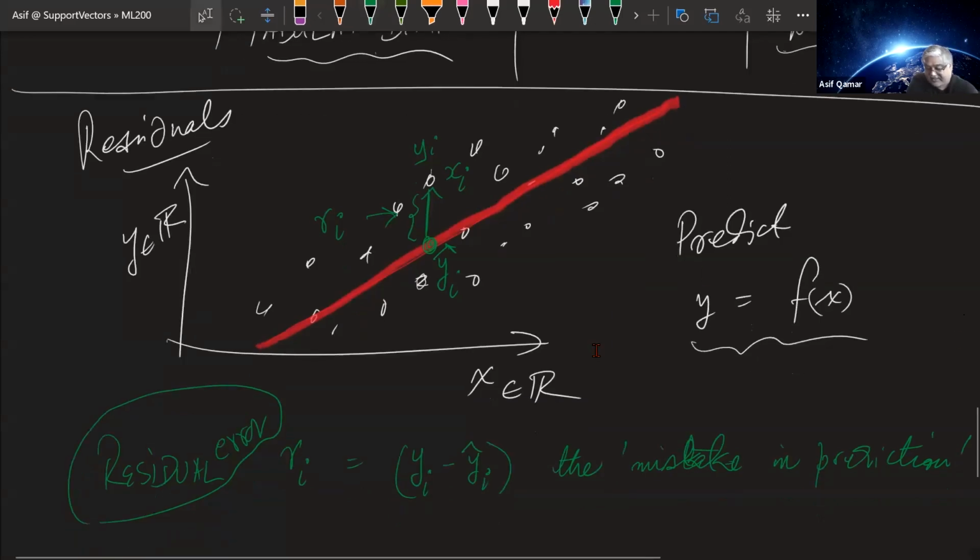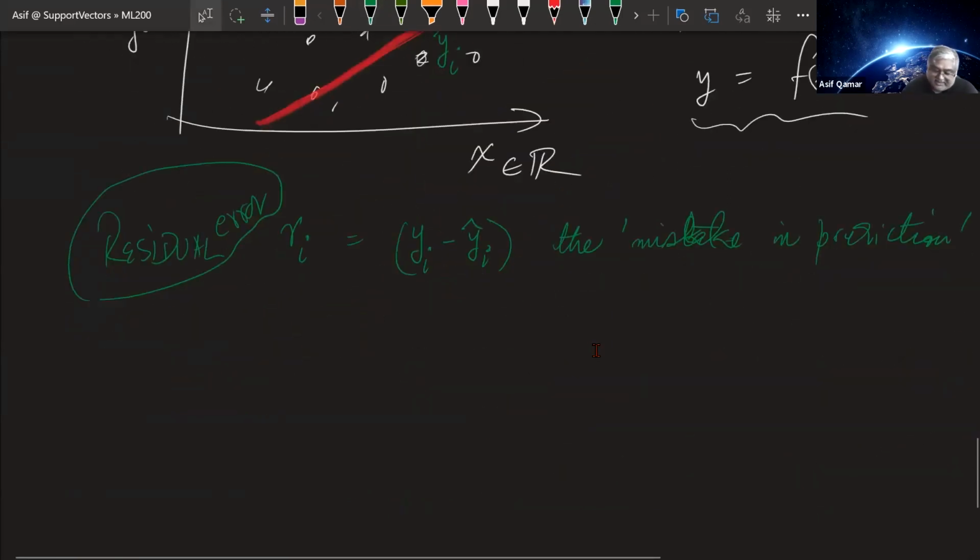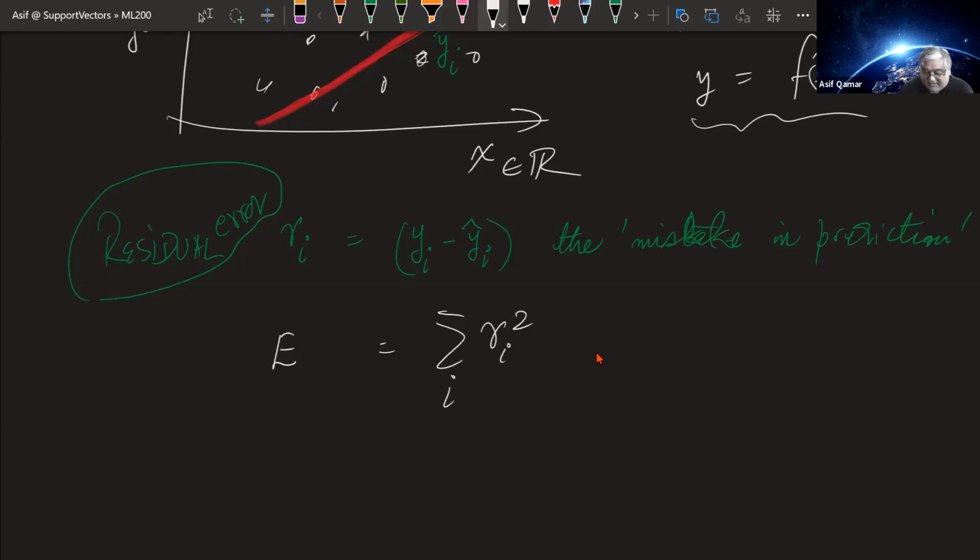Now, given this residual error, how do we define the sum of all errors? What is the total error that we have? The total error we would define as the sum of Ri squared. Add up all the errors and square them. Now, why do we square them? Could somebody tell me? So you can cancel out the negative and the positive differences.